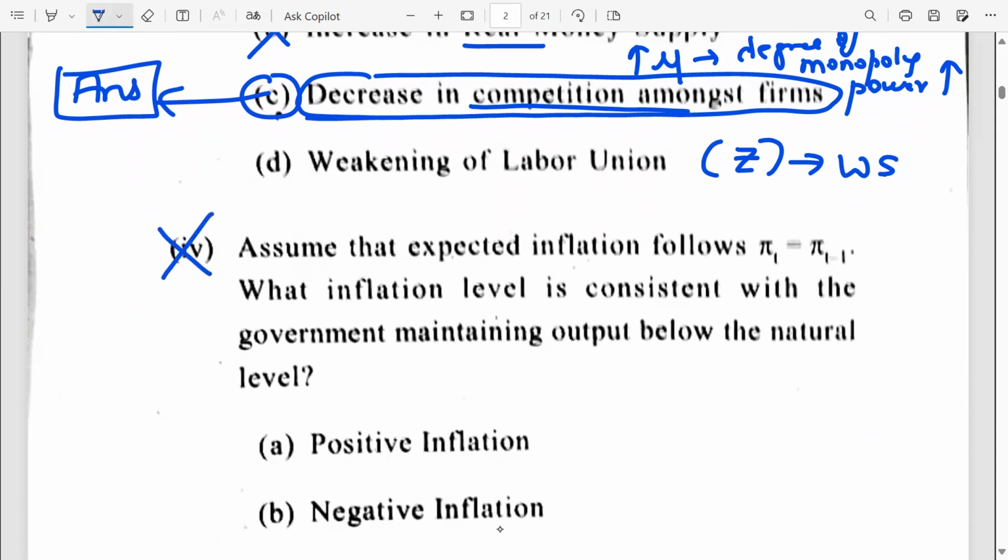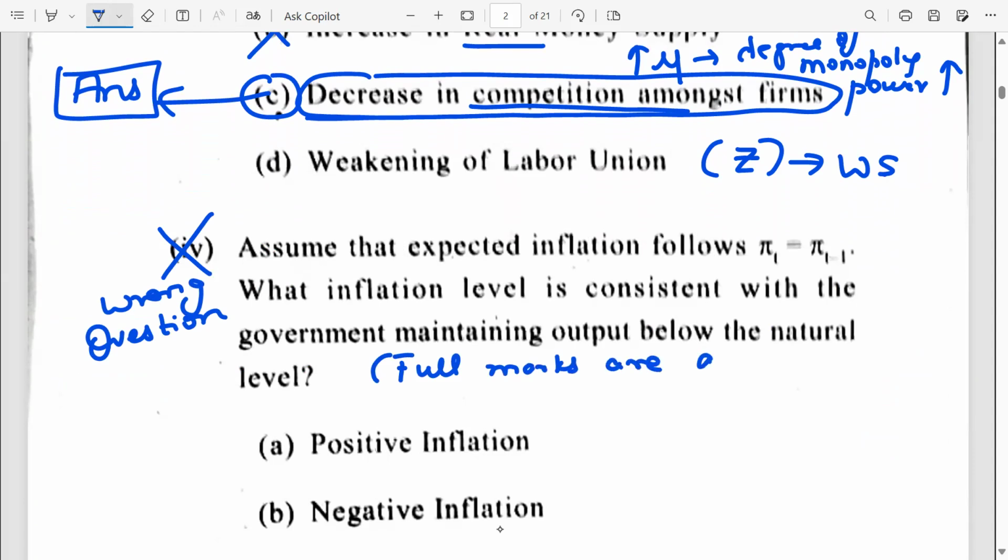Question 4 was a wrong question. Originally, if you check out the question paper, it was a wrong question, so please avoid it. So full marks are awarded for attempting this question.